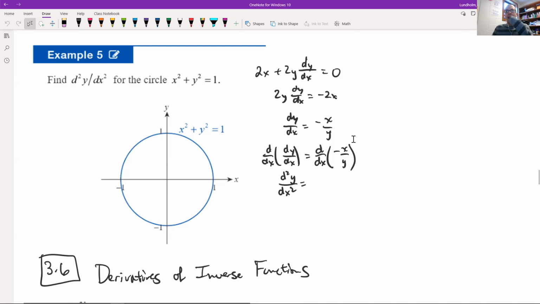And since minus x is a function of x and y is a function of x, we're going to use the quotient rule here. So maybe I even write that. Quotient rule at this stage. Low D high. So the derivative of the top is -1.